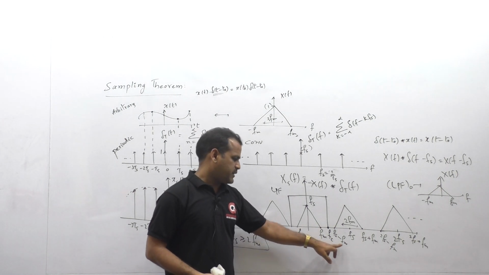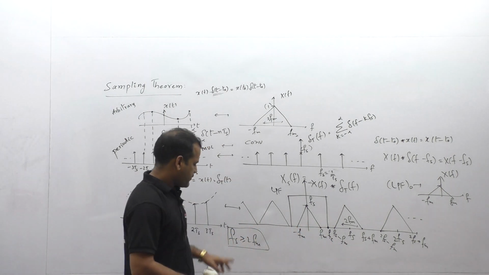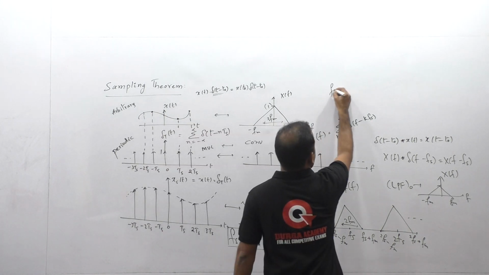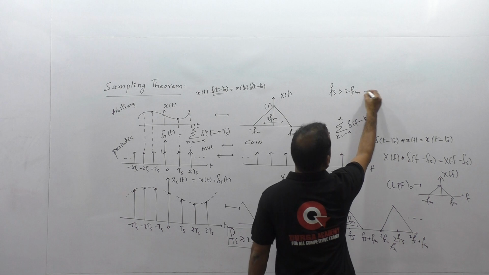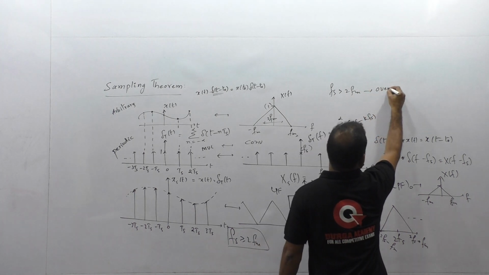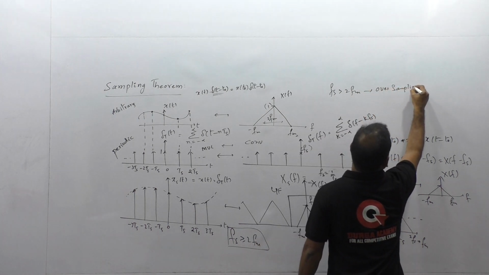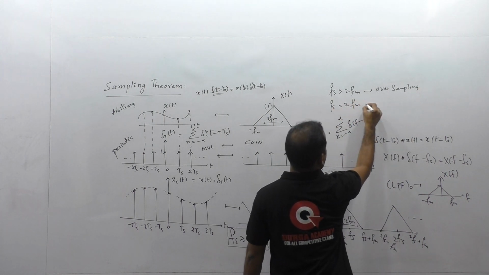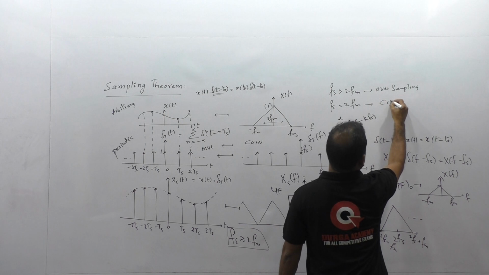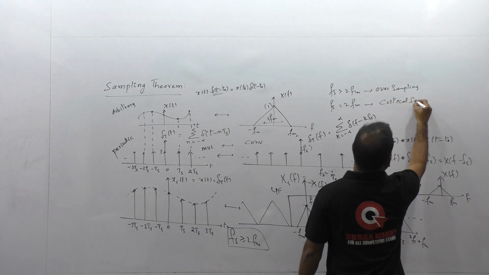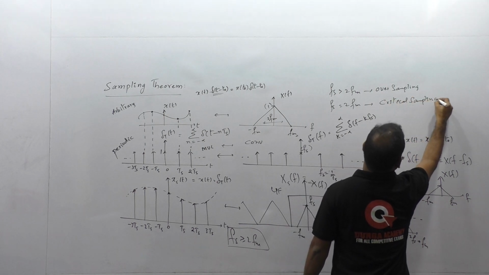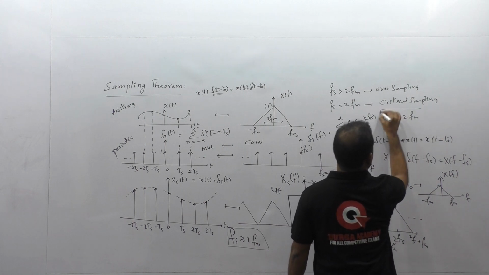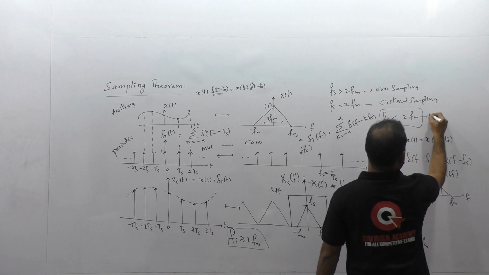So if you observe here, as per the sampling process, whenever Fs is greater than 2Fm, we take it as the oversampling case. Whenever Fs is equal to 2Fm, we take it as critical sampling, and if the Fs value is less than 2Fm, we take it as undersampling.